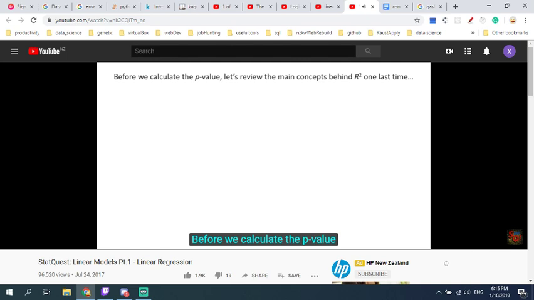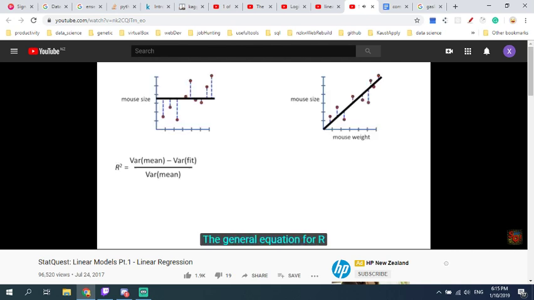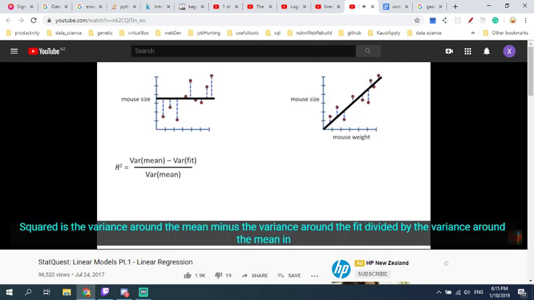Before we calculate the p-value, let's review the main concepts behind r squared one last time. The general equation for r squared is the variance around the mean minus the variance around the fit divided by the variance around the mean.